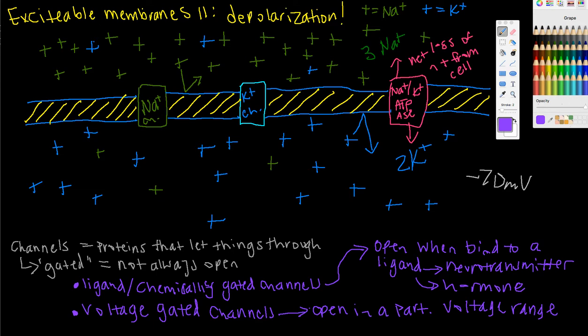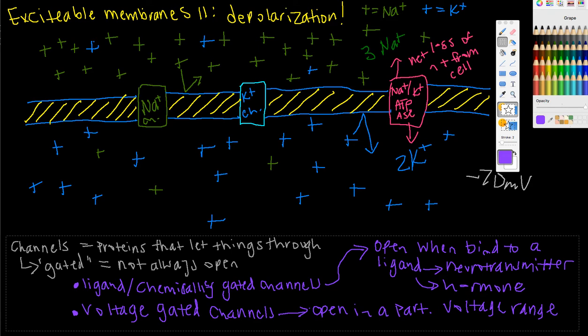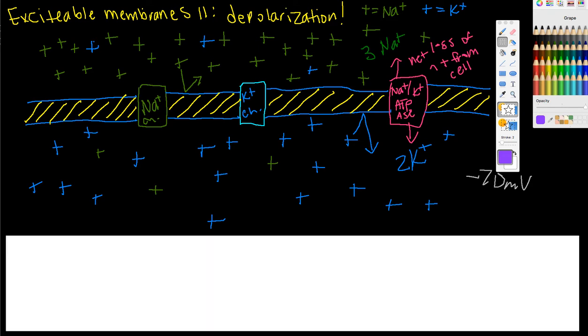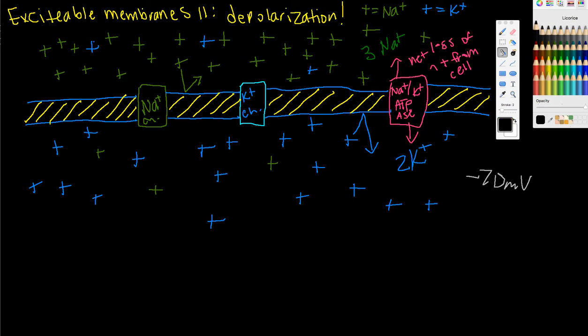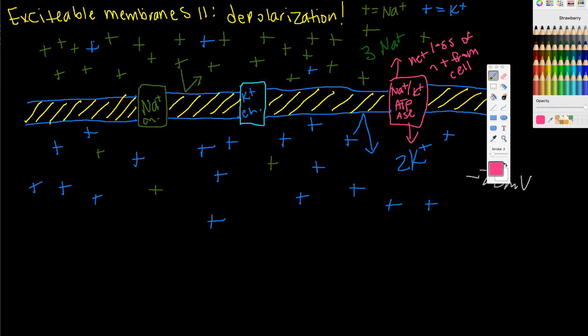Okay, so let me draw you what happens when we undo the charge separation. So now it's about to get exciting. Okay, so let's say pink dots equal the neurotransmitter acetylcholine, which I'm going to abbreviate ACH.